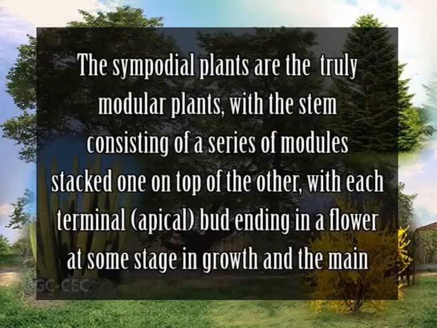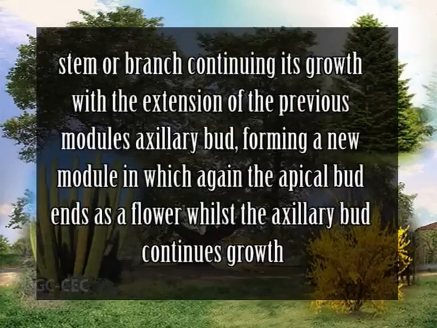On the other hand, the sympodial plants are the truly modular plants, with the stem consisting of a series of modules stacked one on top of the other, with each terminal apical bud ending in a flower at some stage in growth, and the main stem or branch continuing its growth with the extension of the previous modules or axillary buds, forming a new module in which again the apical bud ends as a flower, whilst the axillary bud continues growth.